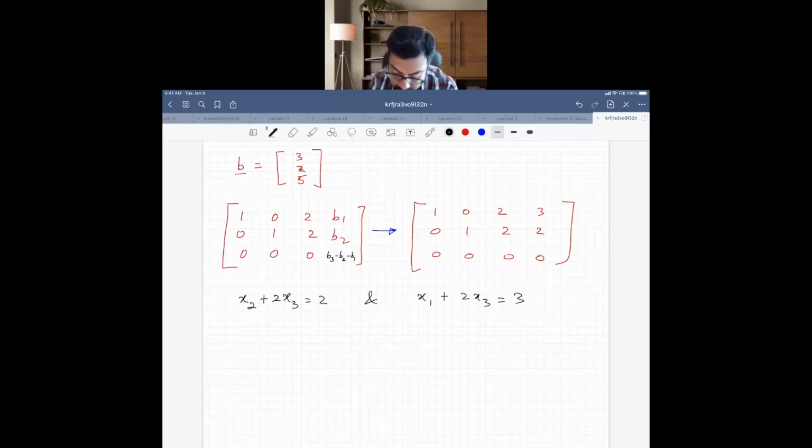So I'll assume x3 equals some arbitrary value t. In that case, I get x1 to be 3 minus 2t, and x2 to be 2 minus 2t, right? So the solution set would be many solutions, infinitely many solutions here.